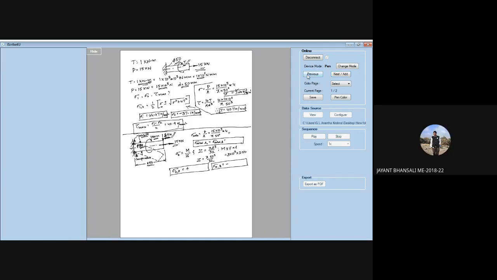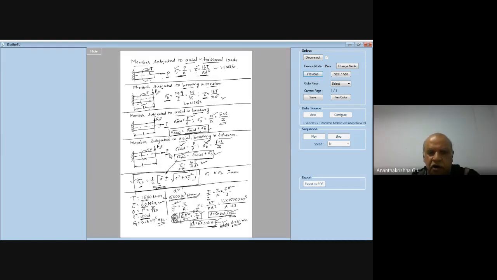Going back to the previous equations, we have the axial, bending and torsion case. The total stress is sigma total equal to sigma axial plus sigma bending.